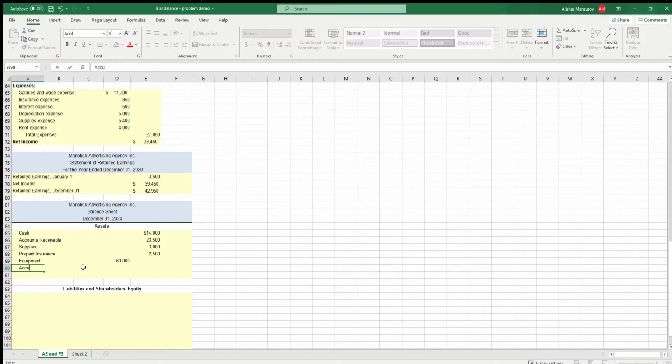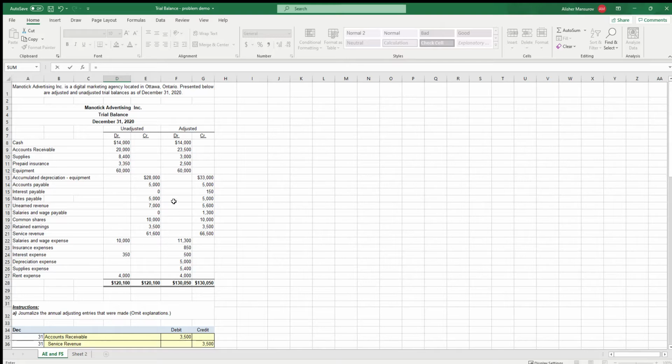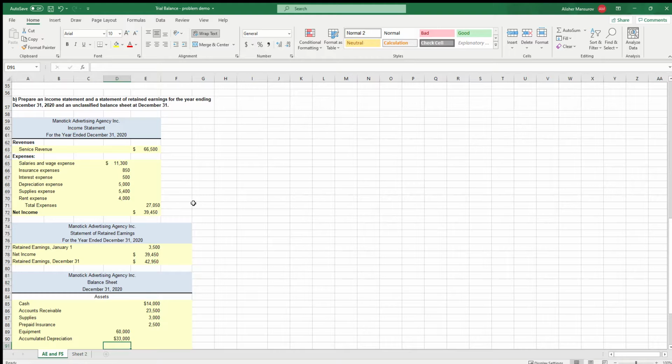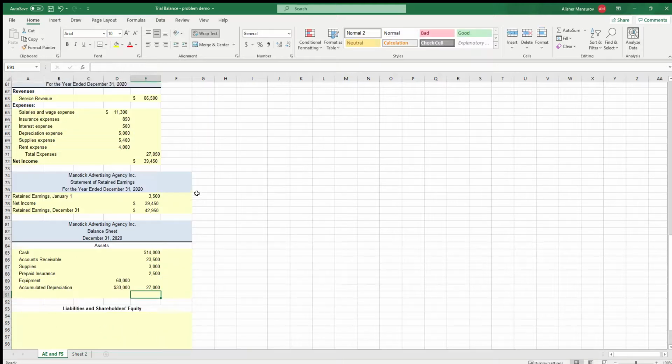So accumulated depreciation for equipment we saw was 33,000. So the net amount here is the difference between 60,000 and 33,000.